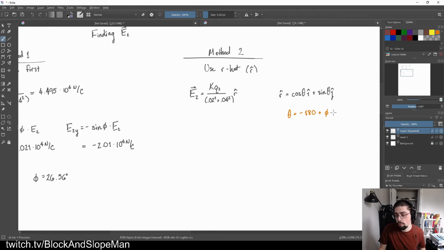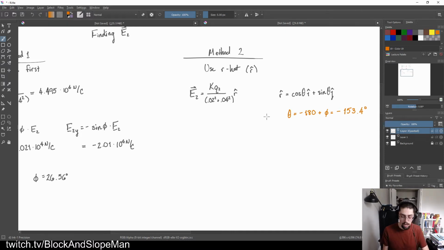Negative 153.4. Let's keep that in orange. And that is actually important because that's going to settle the cosine and the sine being negative for us, right? That'll take care of all of that. We just need to plug this in directly as is.